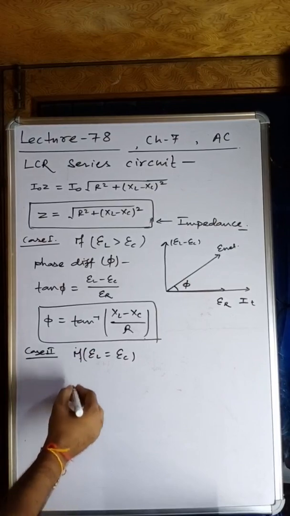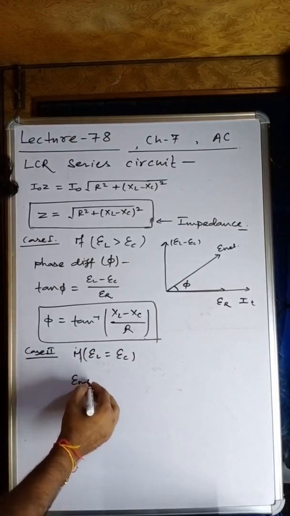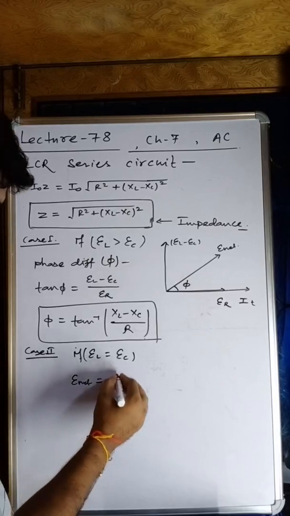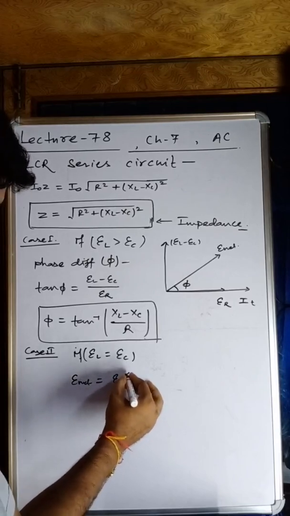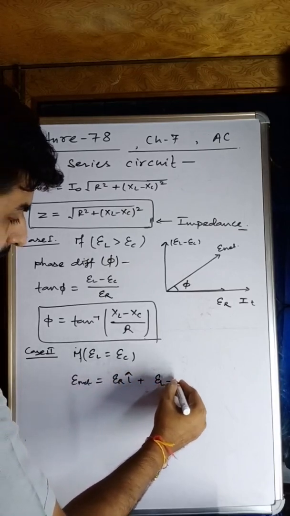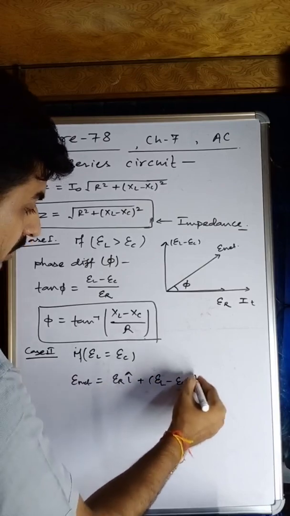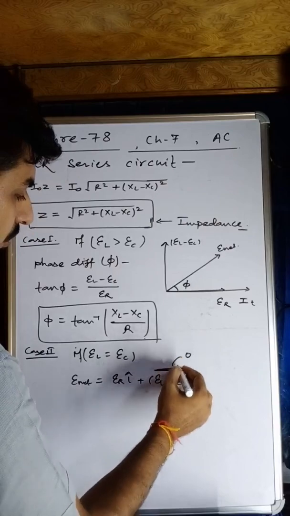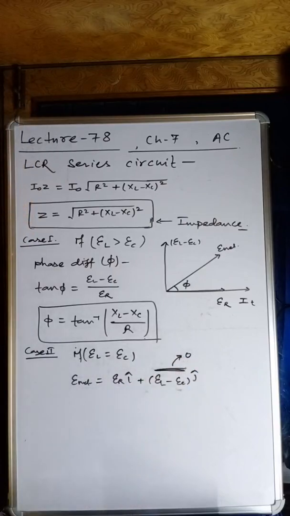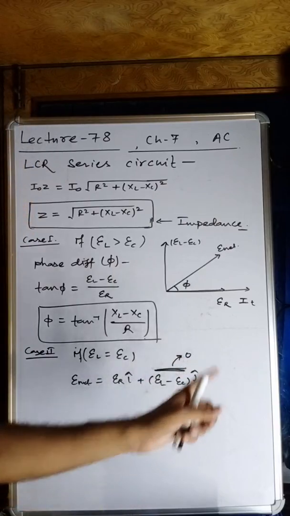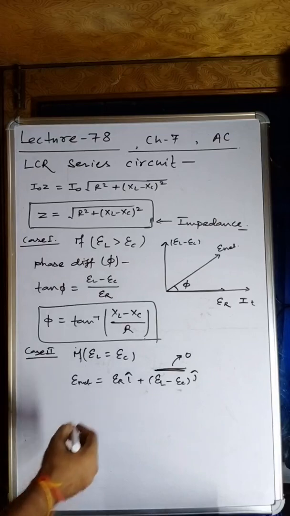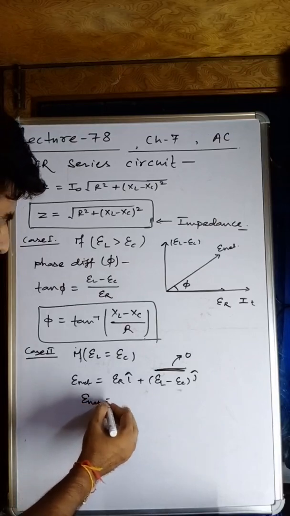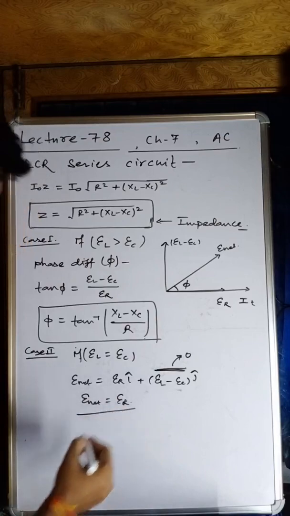Then E net will be how much? Here, ER i cap plus (EL minus EC) j cap. This quantity will be how much? 0. If both are the same, then this will be 0 and the net voltage will be ER only.